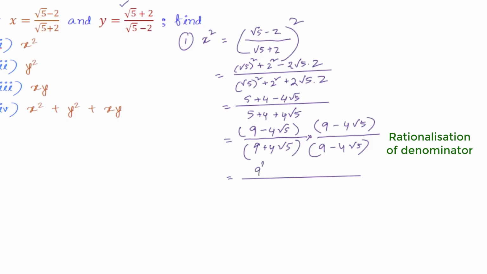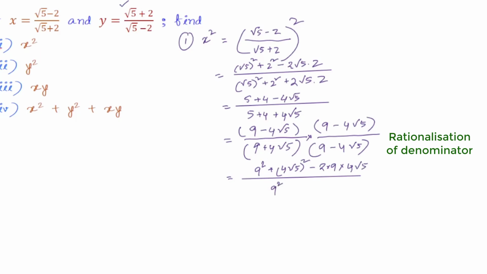So 9 square plus (4 root 5) squared minus twice ab, 2 multiplied by 9 multiplied by 4 root 5, divided by, in the denominator, a square minus b square.